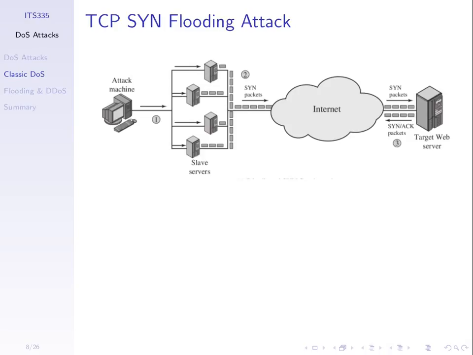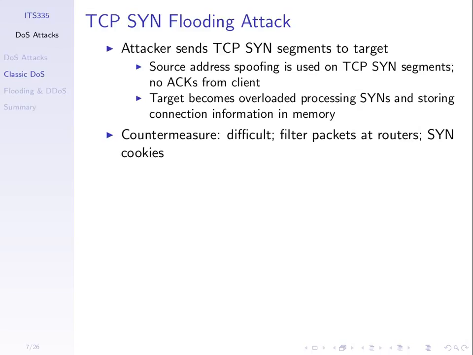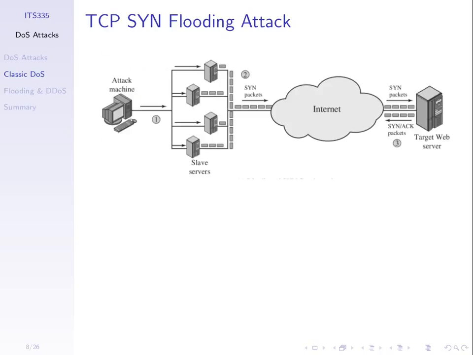How do you stop it? Well, there's some approaches here. Try to filter the packets earlier before they get to the server. For example, once these SYN segments get to the server, it will allocate memory and that will start to consume the memory.